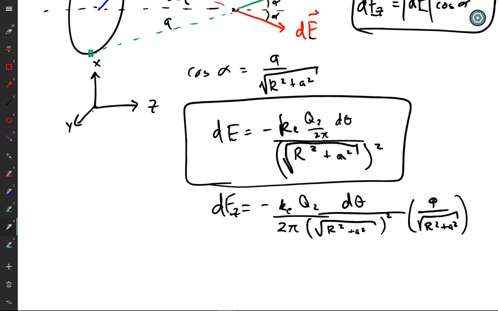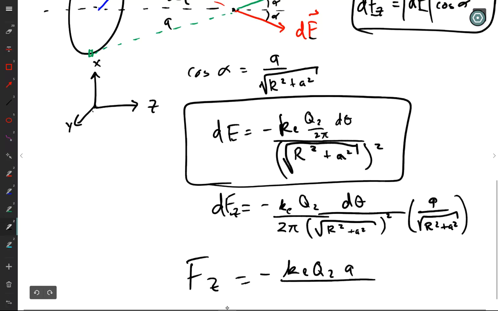Okay, so the answer, to finish this, you just integrate theta from 0 to 2 pi. So it's just going to be Fz is equal to minus Ke Q2 A over 2 pi, we have that square root now cubed multiplied by 2 pi for the integral.